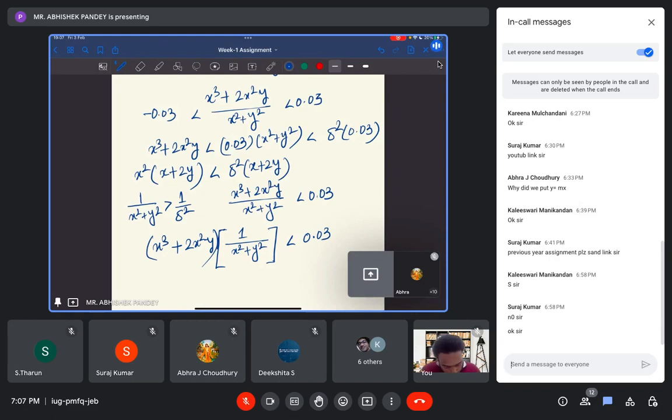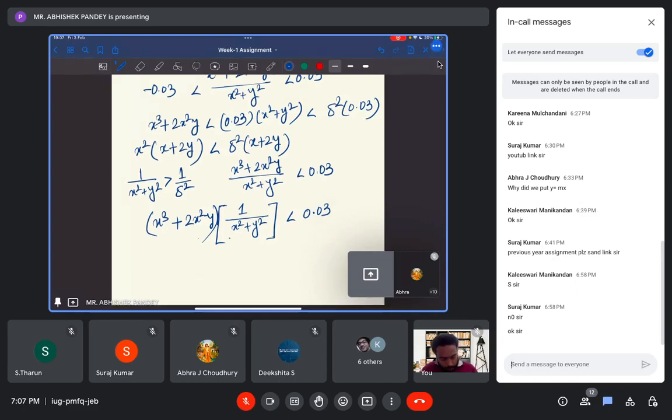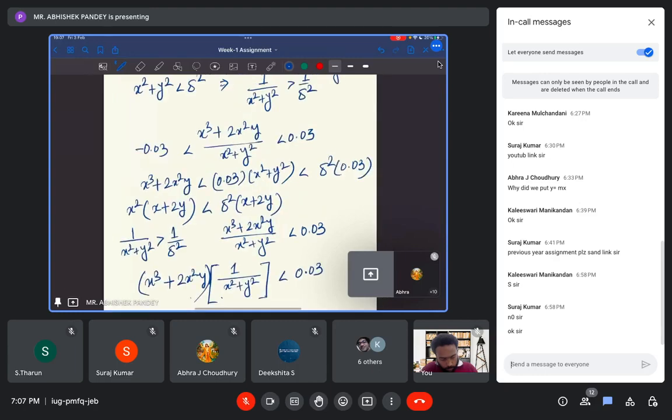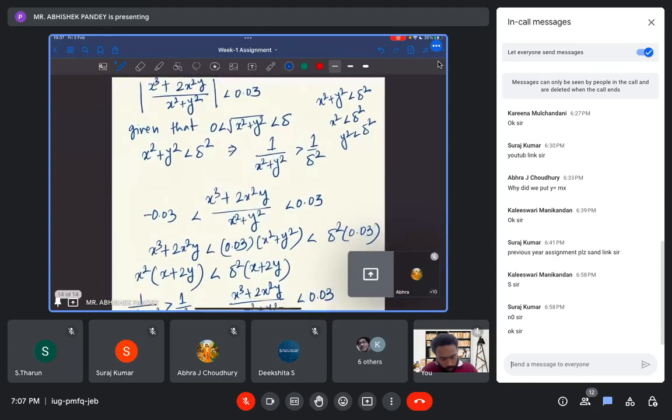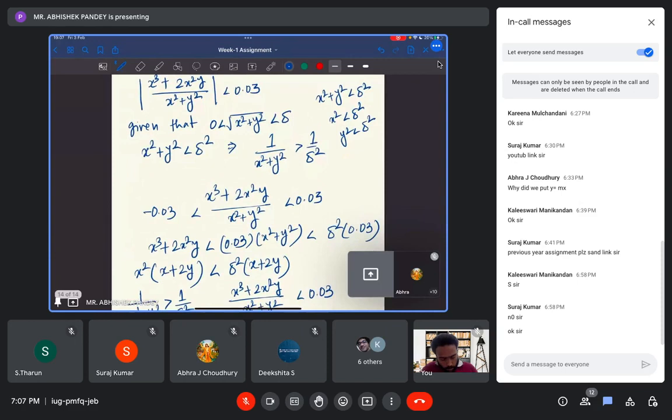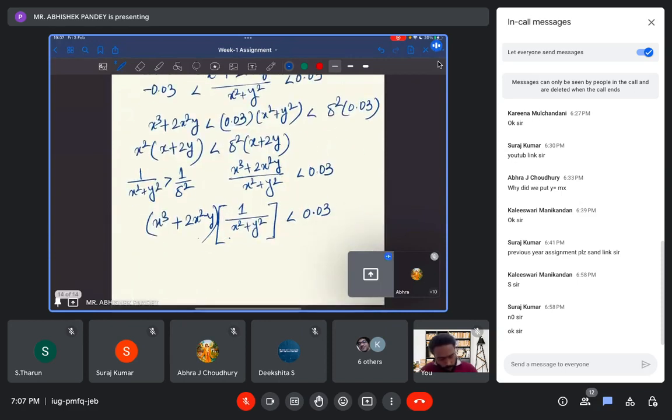So this is greater than 1 by delta square, and you need to find this quantity so that this into this has to be less than 0.03. For that we need something here.